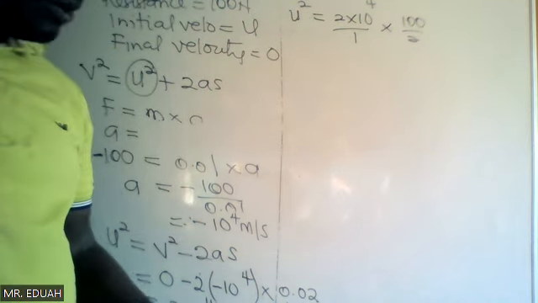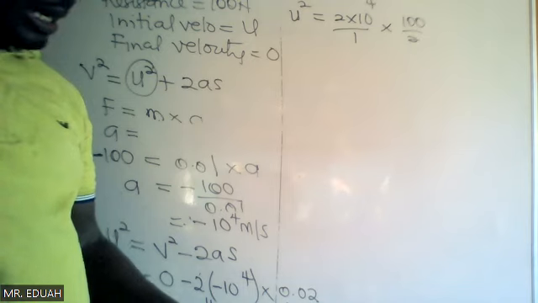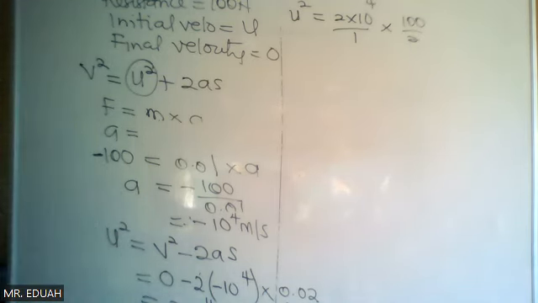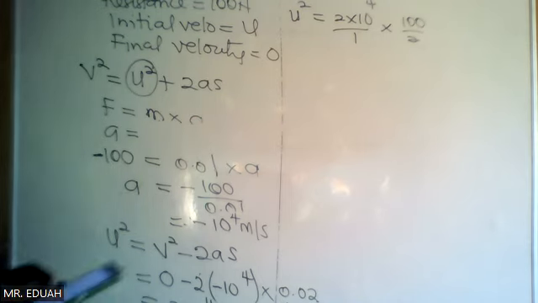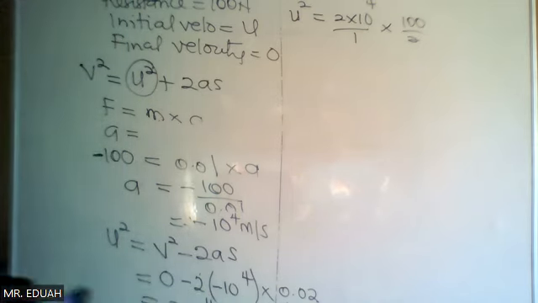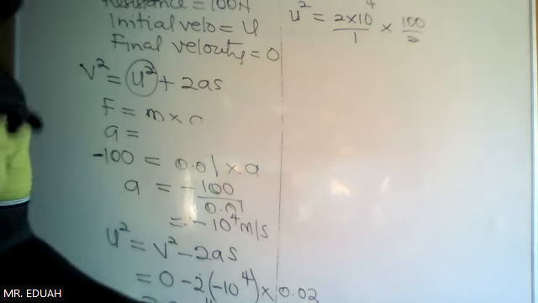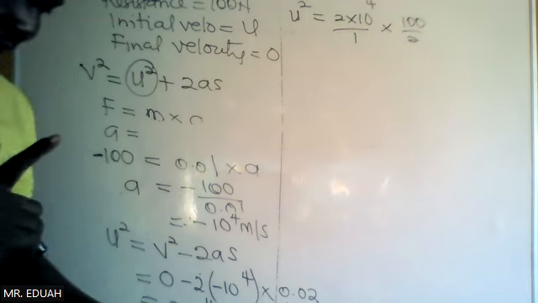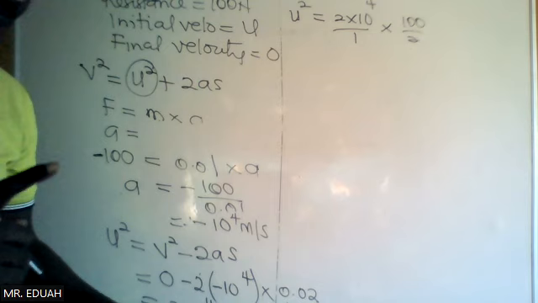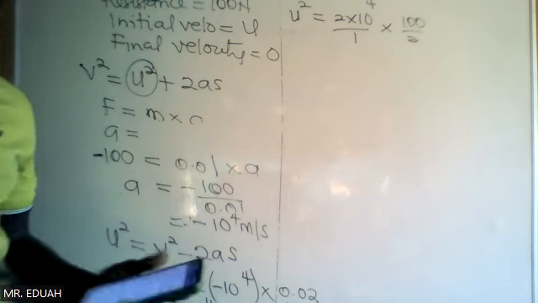If we look at the possible answers, I think the correct answer is C, 20 meters per second. Okay. Question 3. As for question 3, in fact, you can get the correct answer without calculating anything. A bullet, when fired at a fixed target, has its velocity decreased to 50%.